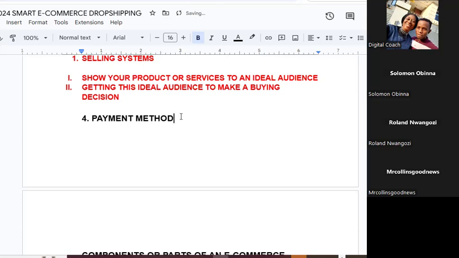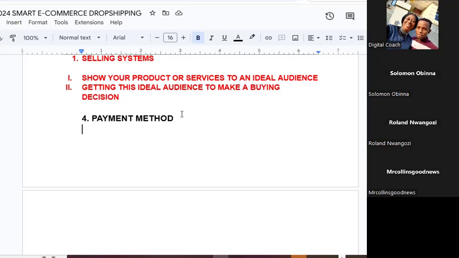Now we have two payment methods. For instance, let's say a customer wants to pay for your product. How do they pay? Number one, they can pay you upfront, meaning that before you deliver the product to them, they have to pay you first. They have to make payment before you move the product from your supplier and call your delivery agent to go and deliver.